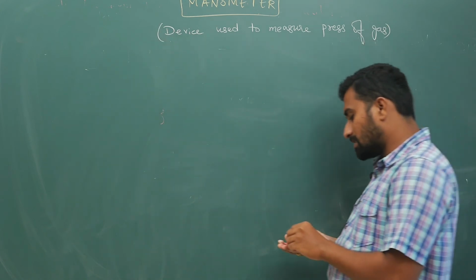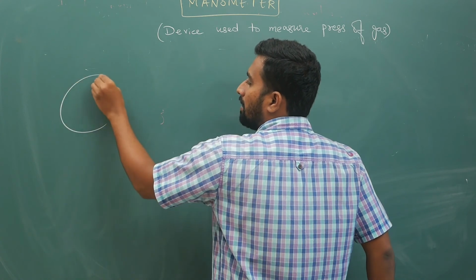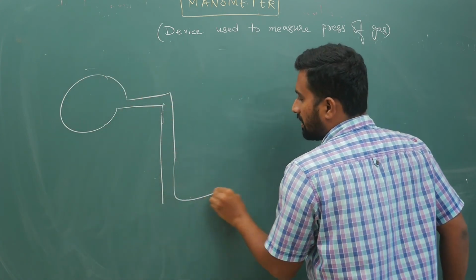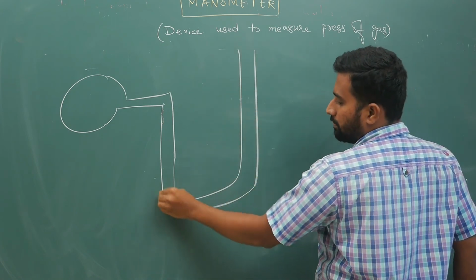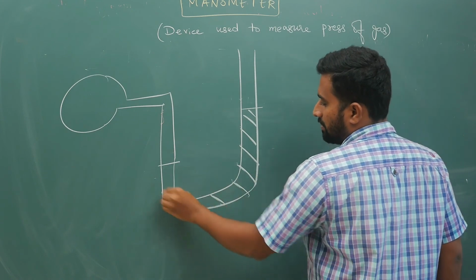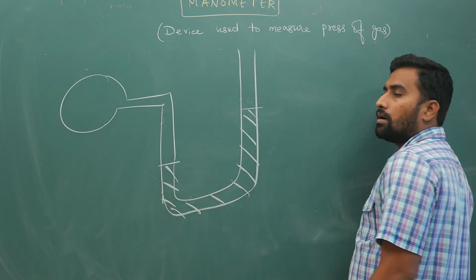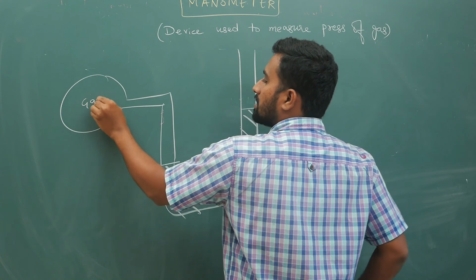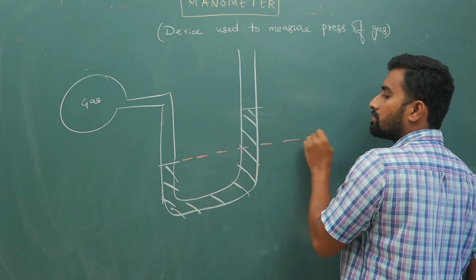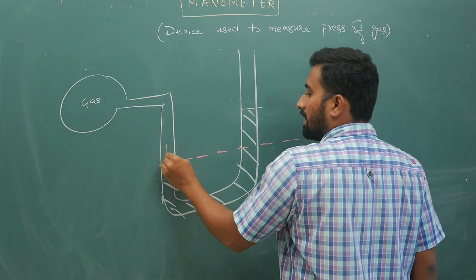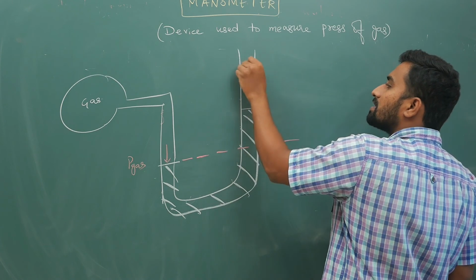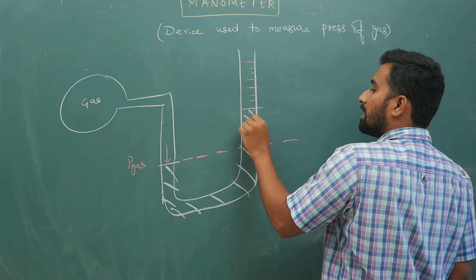Now how will you measure this? You will have a gas bulb filled with gas. Attached to this there will be some U-shaped tube. In this there will be some mercury or some kind of liquid. Now when you have gas here, at the same height, as I have discussed, you will have the same pressure. So this side there will be pressure of gas, P gas. This side of the tube, markings will be there.